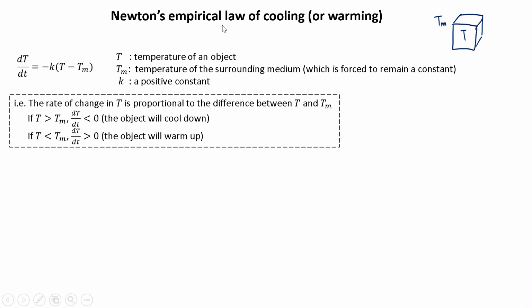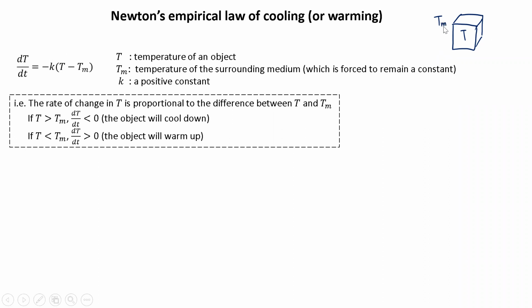So this is an empirical law, so that means it's just from experiment. It's not derived from more basic physical law. So it's just from experience or from experiment. Okay. So one thing is that in this case, we have to assume that the surrounding temperature is constant.